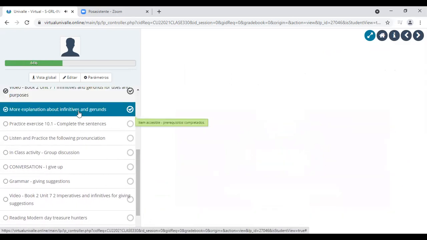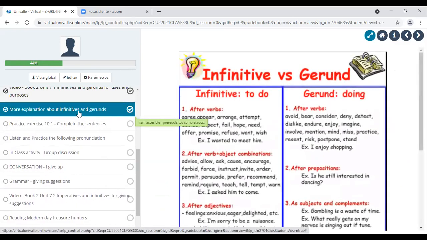Also, here we have extra information, more explanation about infinitives and gerunds. And here we have the differentiation between infinitive and gerund according to the verb: to do, with infinitive; doing, gerund. Okay, after verbs agree, appear, arrange, attempt, decide, expect, fail, hope, need, offer, promise, refuse, want, and wish.